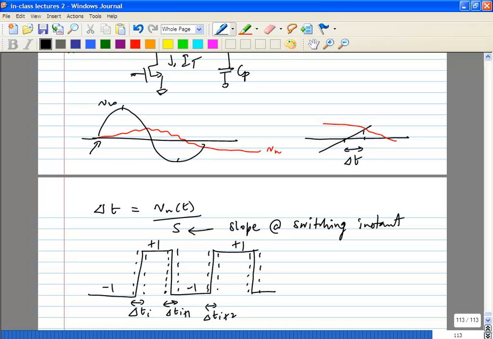So then what do you do? We are going to write this as the sum of the ideal switching. So let's call this SR of t.